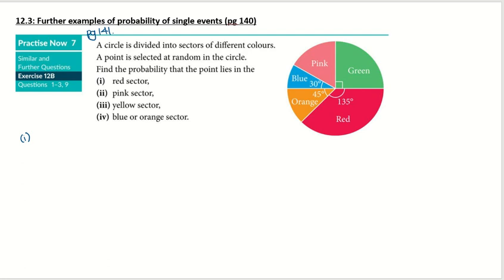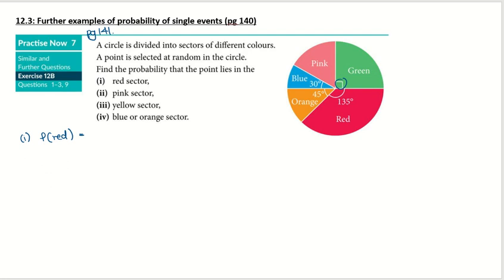So if I want to find the probability that the pointer is going to land anywhere in the red section, what do you think we need to compare in order to get the probability of landing in the red sector? We know that this is a circle, right? Which means the area is going to be proportional to the angle.